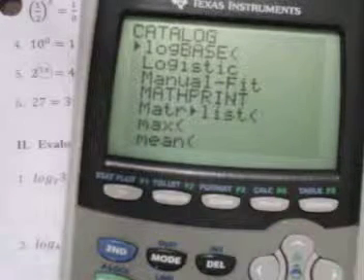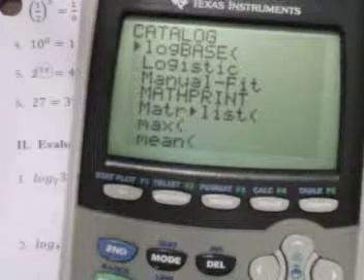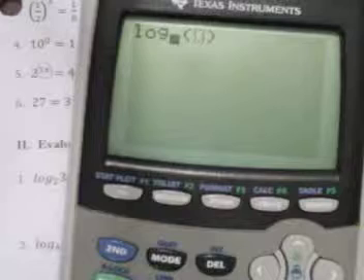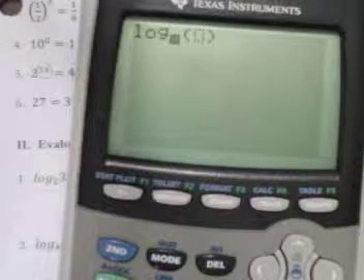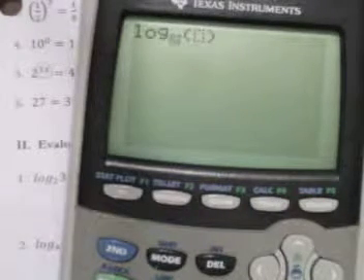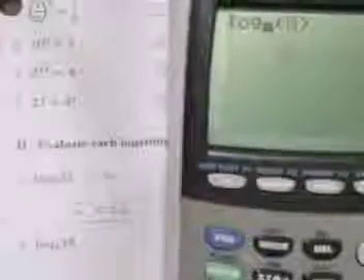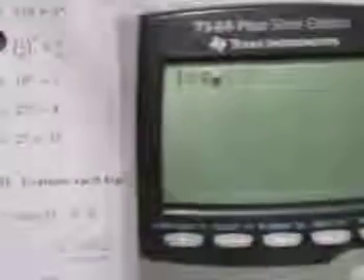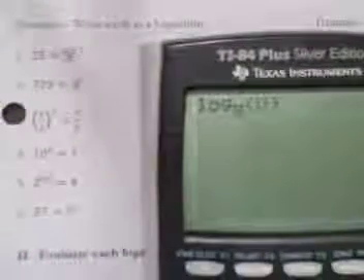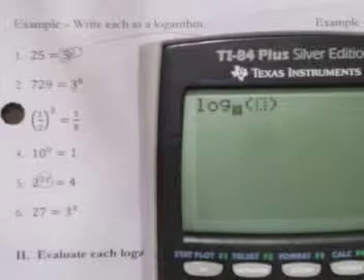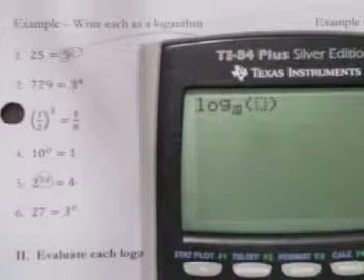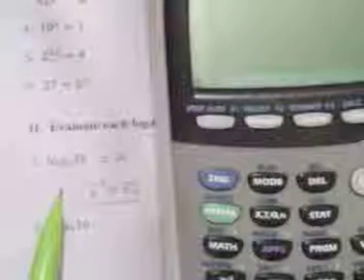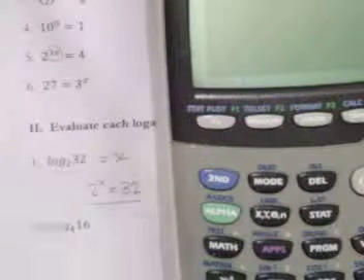And I'm going to back up to, and you'll see that I have something called log base. And when I hit enter on log base, I end up at my main screen, and my calculator will allow me to enter the base and the value, so I can evaluate a logarithm using my calculator. So let's readjust our page here, and we see that we are evaluating log base 2 of 32.